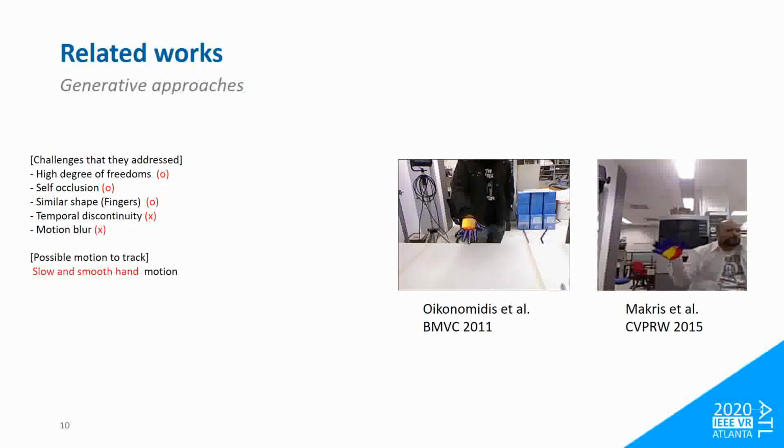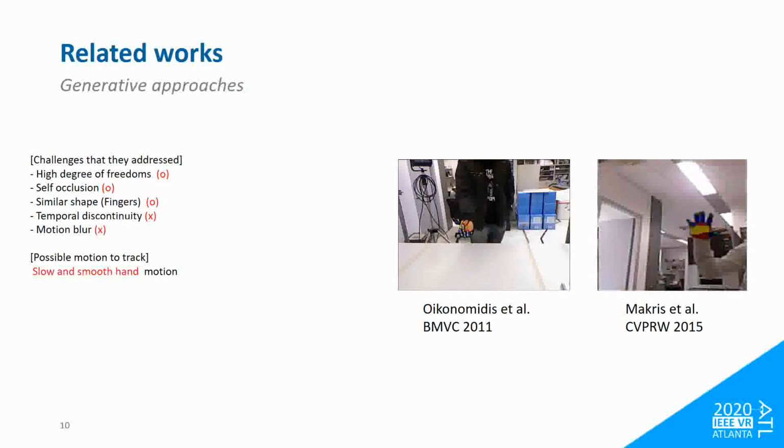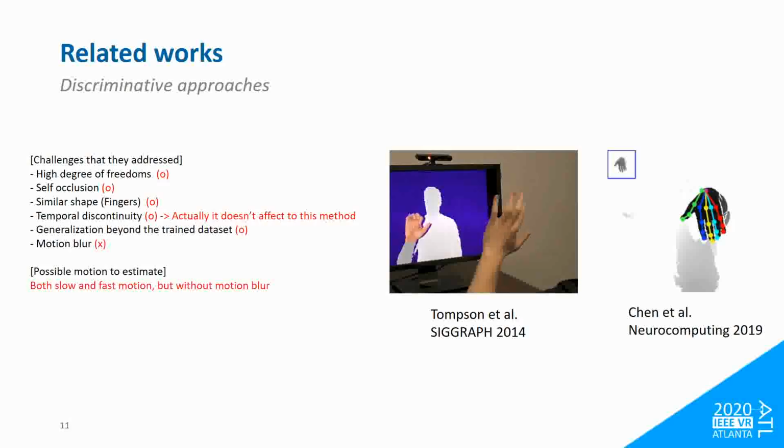They assume that the hand motion is slow and smooth, but in fast motion, the assumption of temporal continuity is broken, and they fail to track the hand pose in the presence of motion blur. Discriminative approaches are able to estimate the hand pose in a single frame, so they don't have to assume that the hand moves slowly and smoothly. They focus more on generalization beyond the trained dataset. However, in very fast motion, motion blur is generated. In such a frame, they may fail to estimate the hand pose.